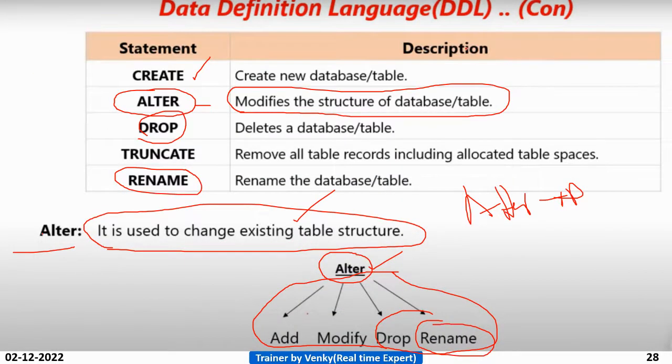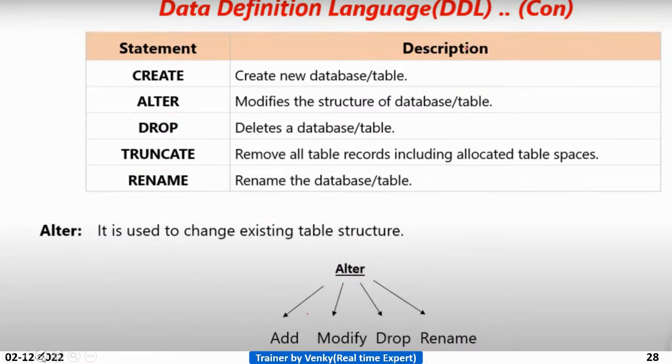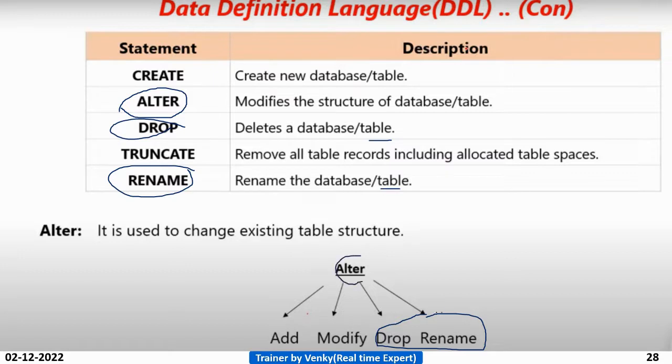If you observe here, alter has drop and rename. Again, drop and rename will work as main commands at the table level. Alter with rename and drop will work at the column level.